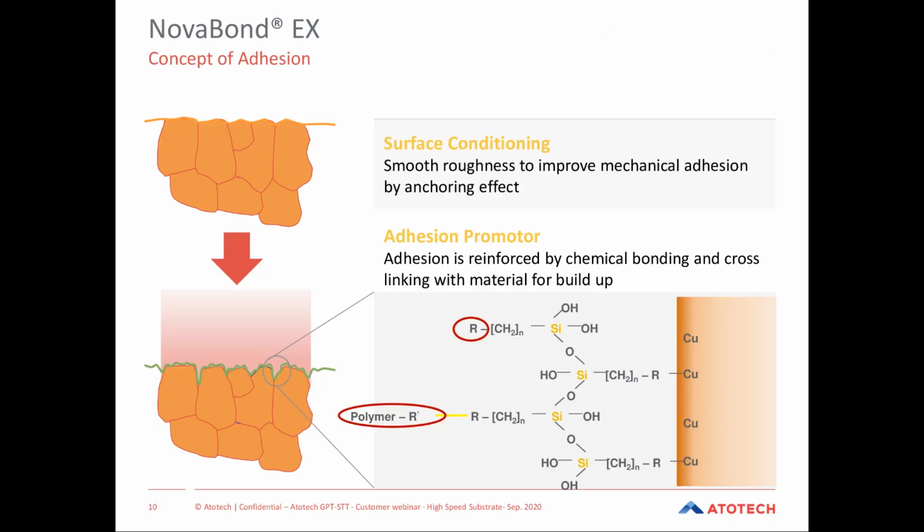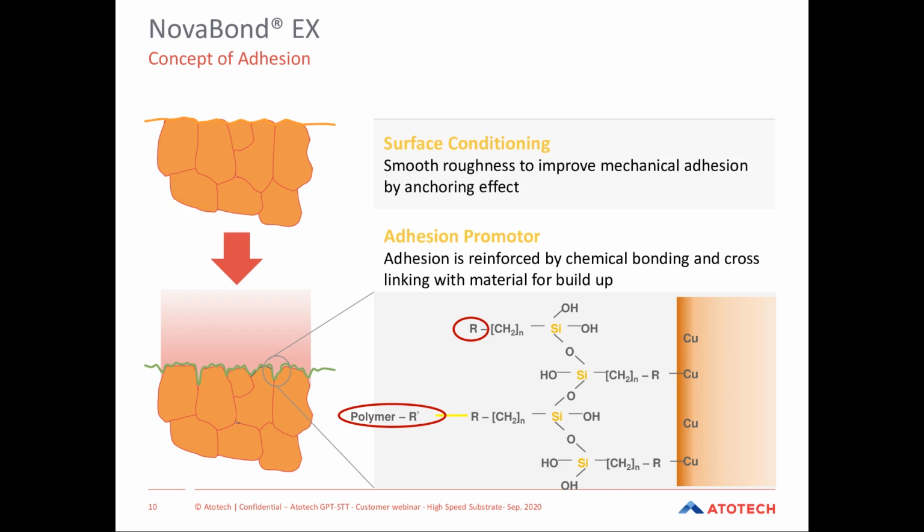In NovaBond EX, we try to bring out the best of the adhesion concept. Mechanical adhesion is created by mechanical anchoring from the surface roughness, but we need to minimize it to fulfill the future requirements of applications. At the same time, we bring in the adhesion promoter, which gives us chemical adhesion, to bring the adhesion back to a level where we can pass the requirement and also have good thermal reliability in the layer bonding.